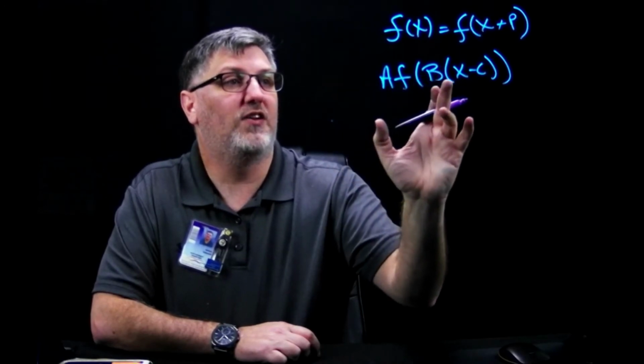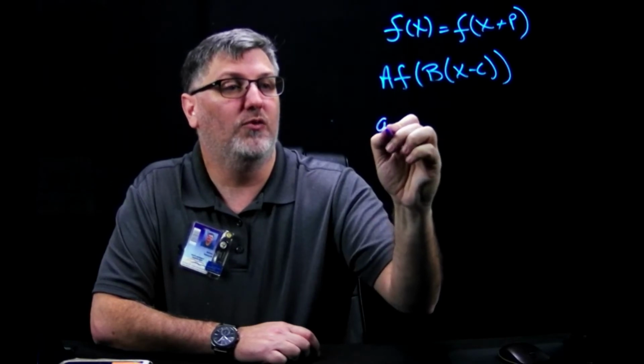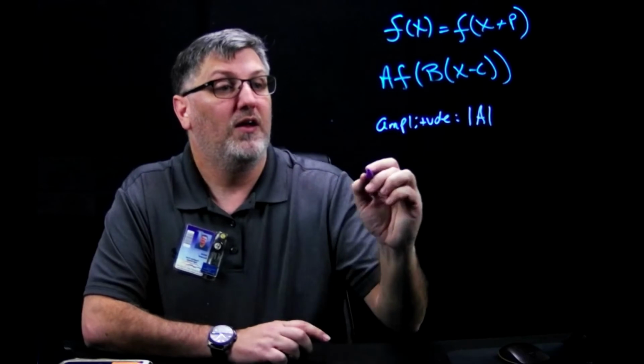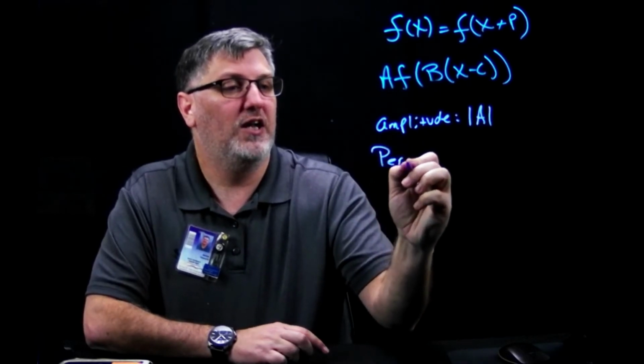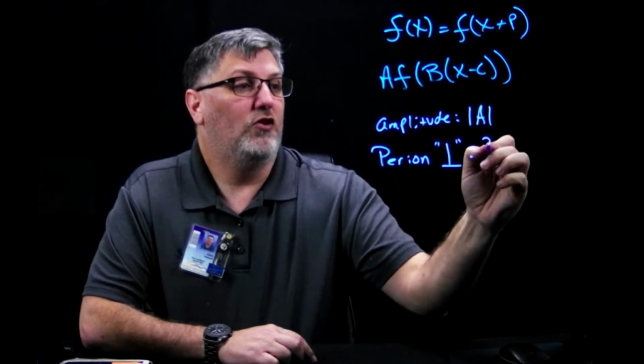All right. So we still have our form a f of b times x minus c. A is our amplitude. To find our amplitude, all we're going to do is the absolute value of A. That's it. Nothing fancy. To find my period, and the notation for period is like this giant upside down T, we're going to do 2 pi divided by the absolute value of B. And that's it.